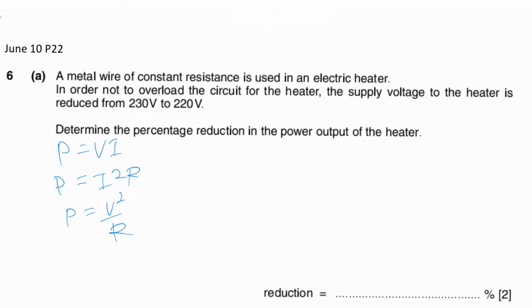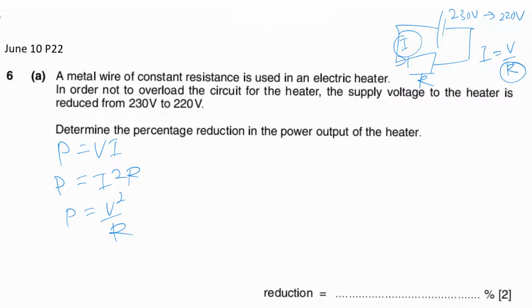Now, in a circuit, if you can't see, I'll just draw for you. If you put a resistor in series with the supply, if this is 230 volts and you change it to 220 volts, will the current in the same resistance change or not? Since I equals V divided by R, R is constant, so when you change the voltage, what happens to the current?